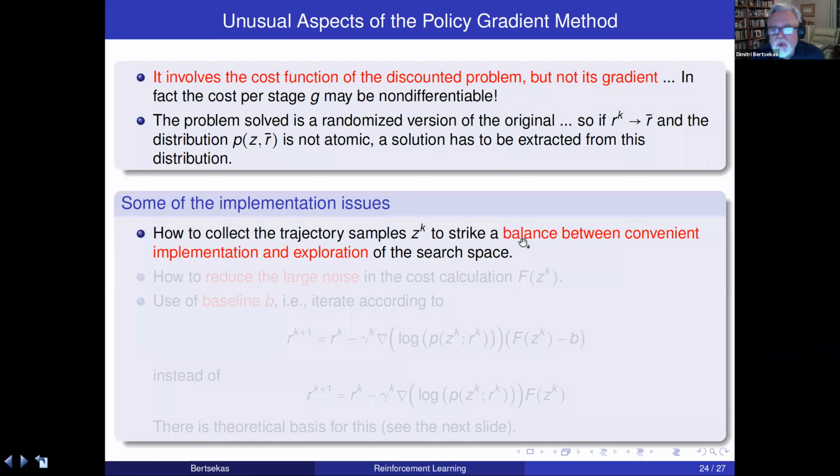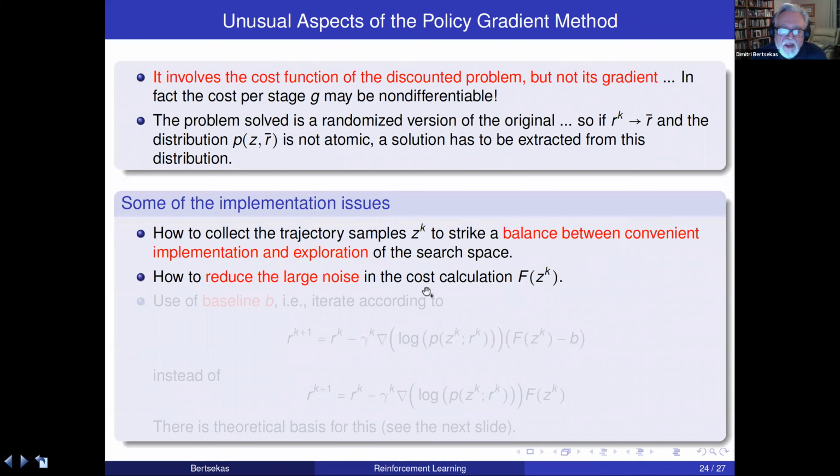And how do you do it in a way that strikes a good compromise between exploration and optimization effort, convenience of implementation, and so on? These are issues that are similar but not identical with the exploration issues in approximation in value space and policy iteration.